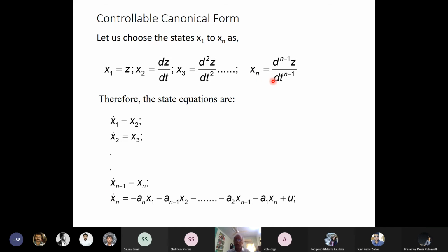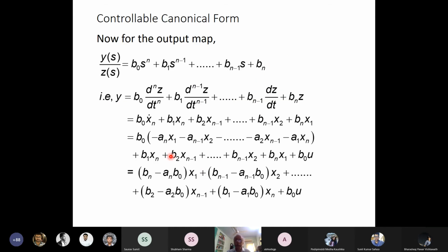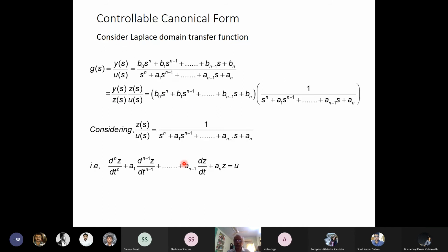And xn dot is basically this term over here. So d^n z/dt^n is basically xn dot. This equals u minus a1 times the (n-1)th derivative of z, continuing down to the first derivative of z and then the zeroth derivative of z.